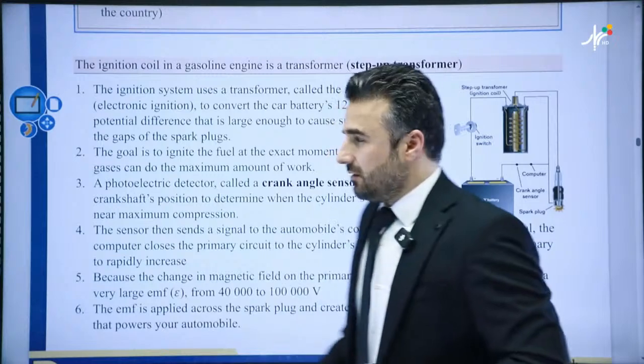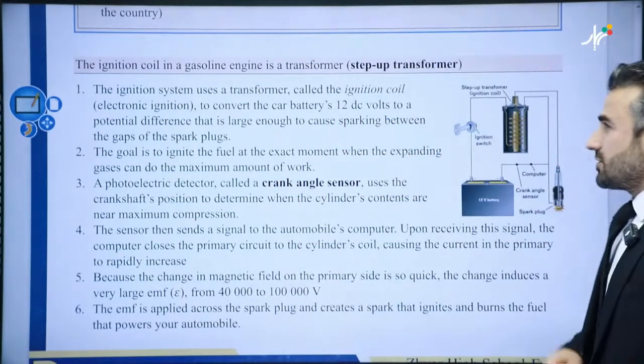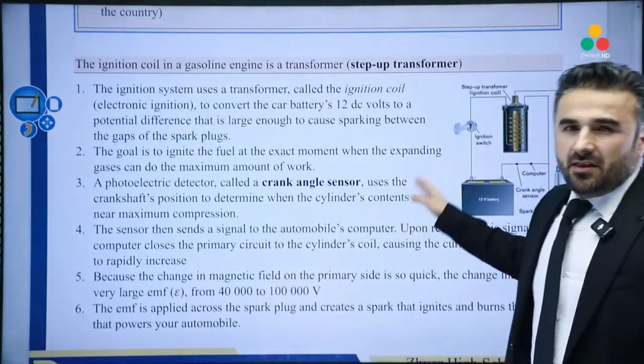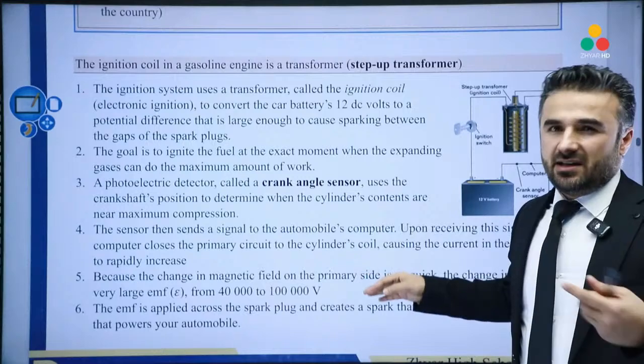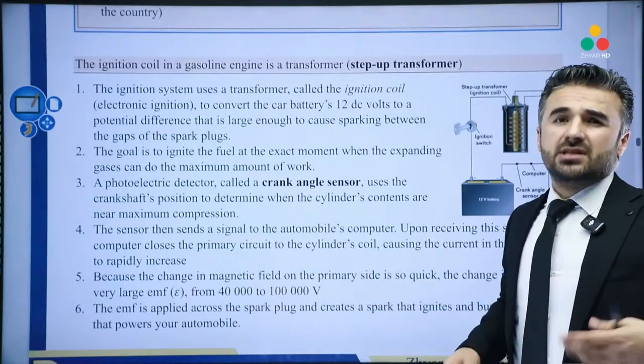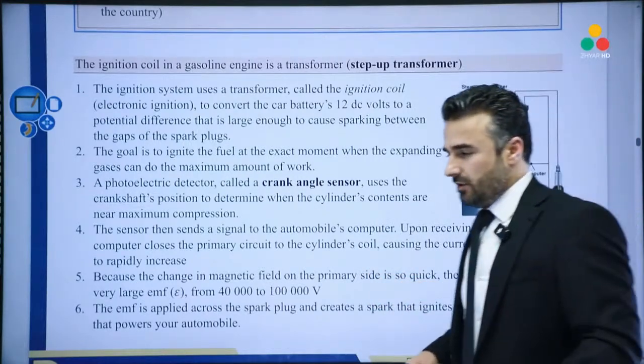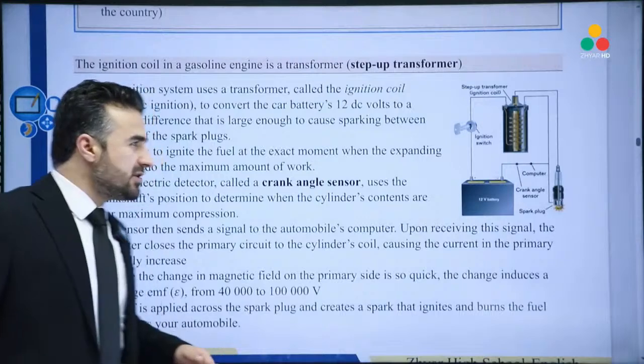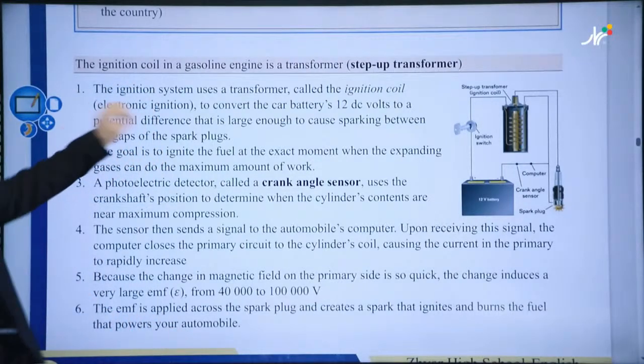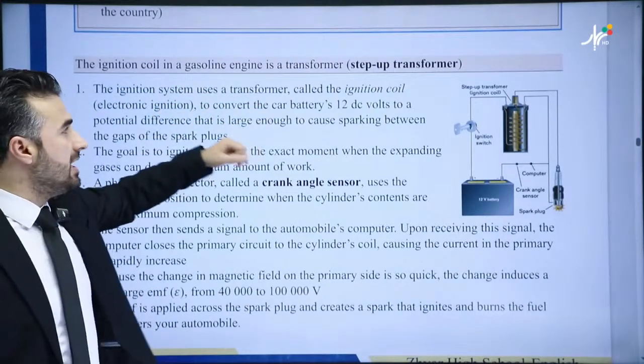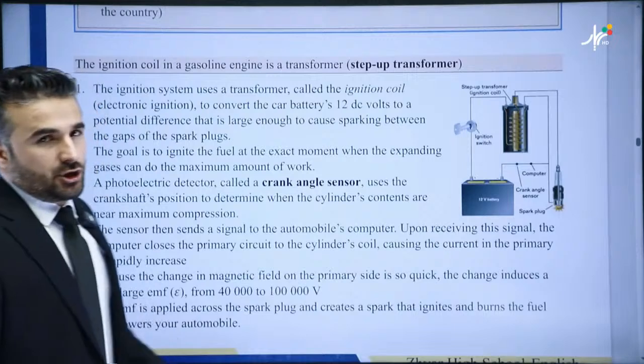But let's dive a little bit deeper and see how it exactly works. So we said this spark uses a step-up transformer to get the job done. How does it work? The ignition system uses a transformer, and this is called the ignition coil.